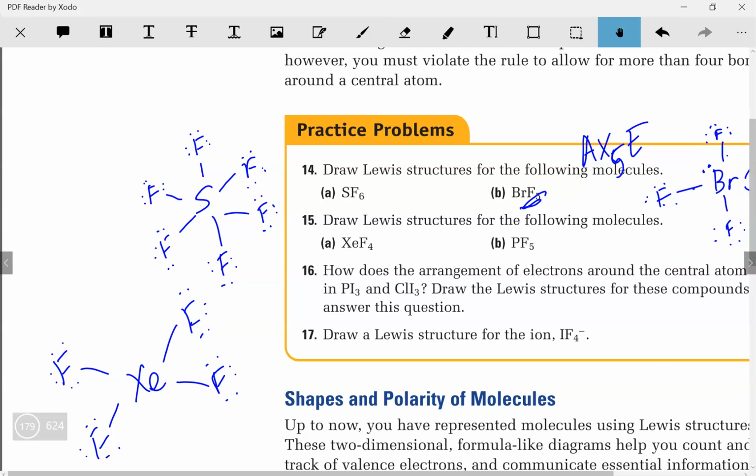How many did I need again? 36. 33, 34, 35, 36. So that is a square planar AX4E2 geometry. If you look at your VSEPR chart, there's central atom, 4 bonds, 2 lone pairs. So that's AX4E2.